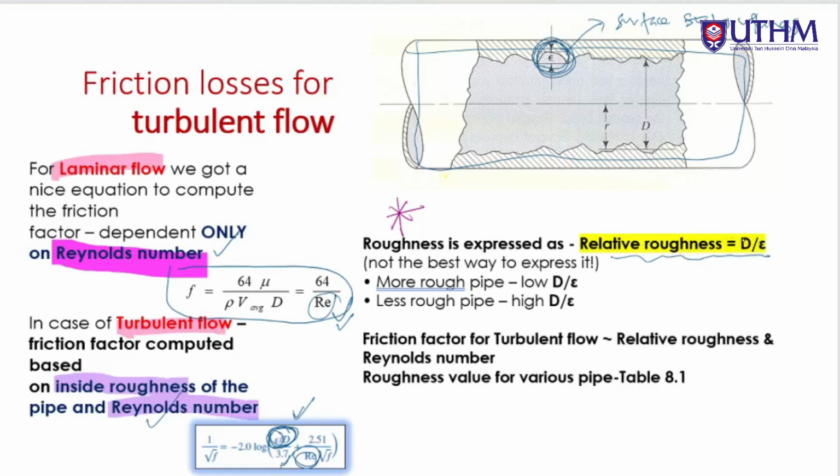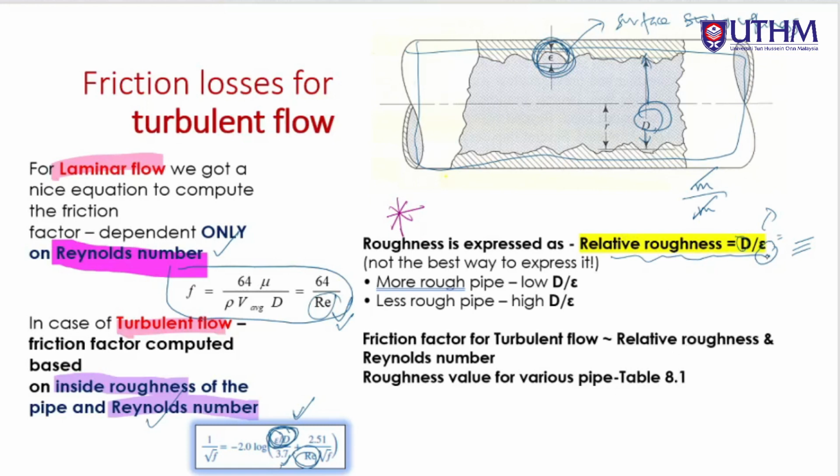We divide the diameter of the pipe, this one, look at its height, over the surface roughness, so that we get a dimensionless form. Understand dimensionless form? Because the diameter is, for example, in meters, divided by this epsilon, which is also in meters, we can cancel out and get a dimensionless value. Same as the Reynolds number, which is also a dimensionless parameter.